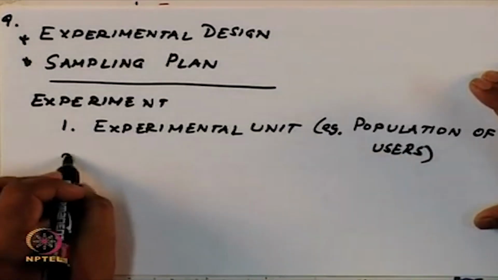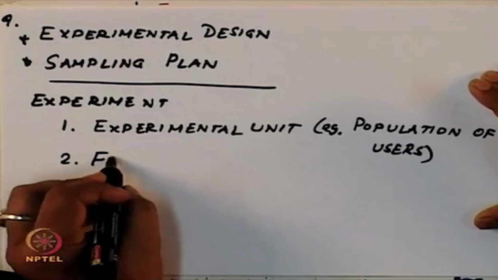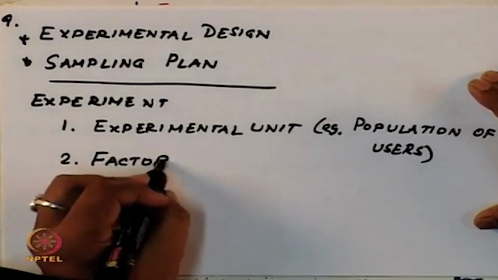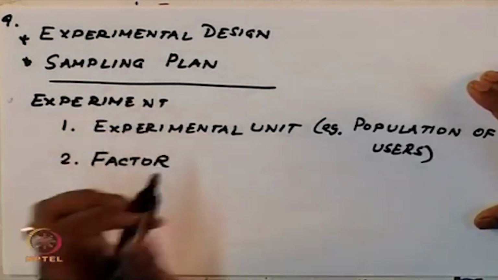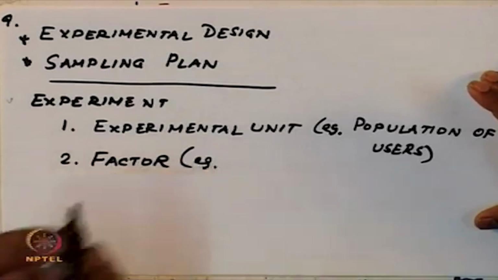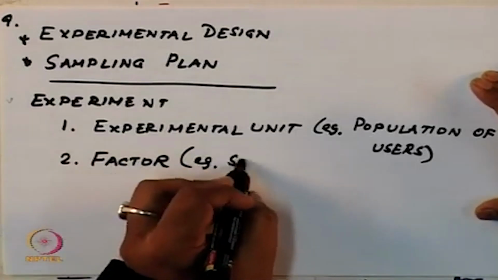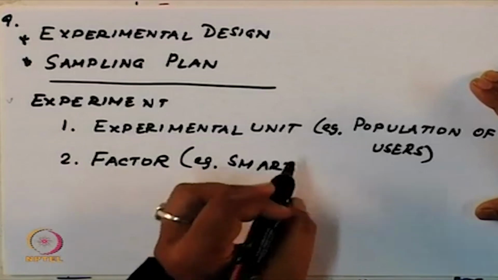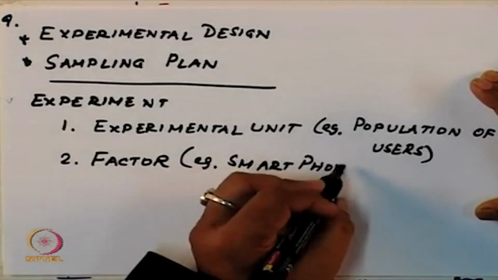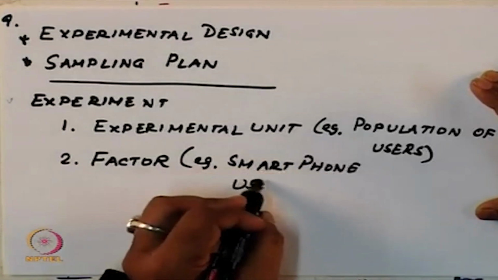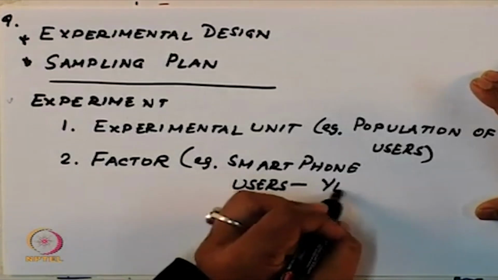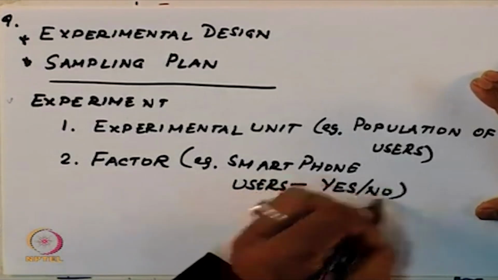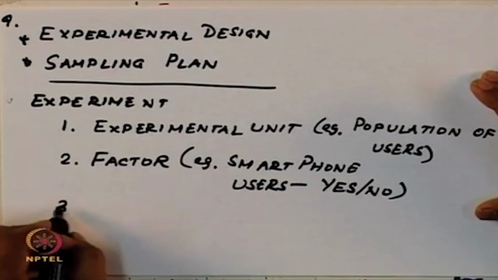Second is the factor. In the example that we discussed, the factor can be whether they are smartphone users or not, yes or no. Then you will have a setting.